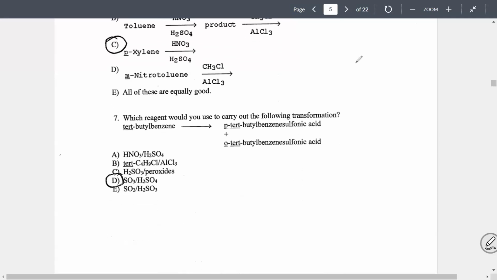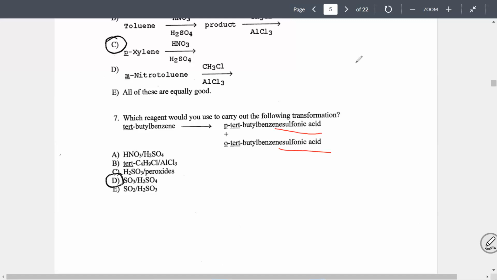Okay, this one. How did we solve this? I drew it out. We looked at the ending. That was the fastest way to solve it. Look how we pretty much have the same names in the initial and final molecule.